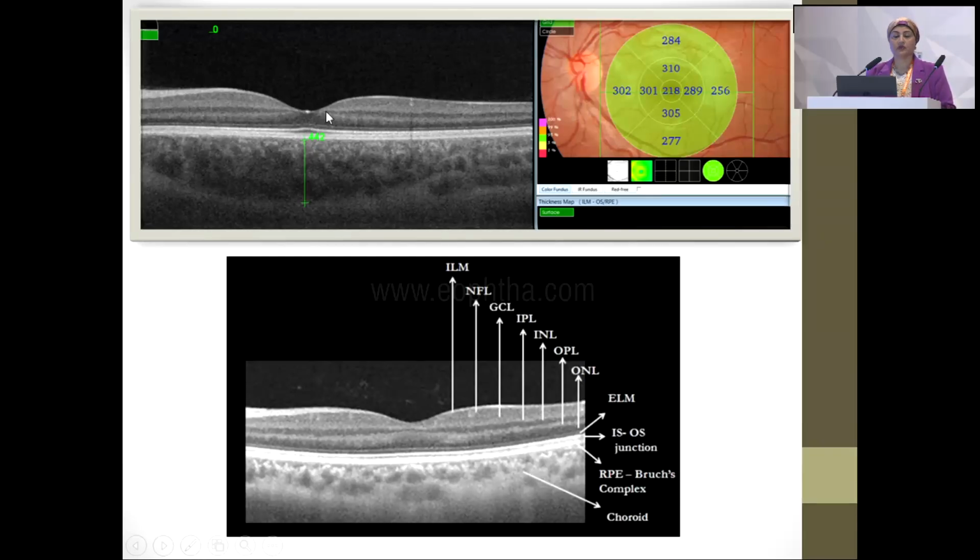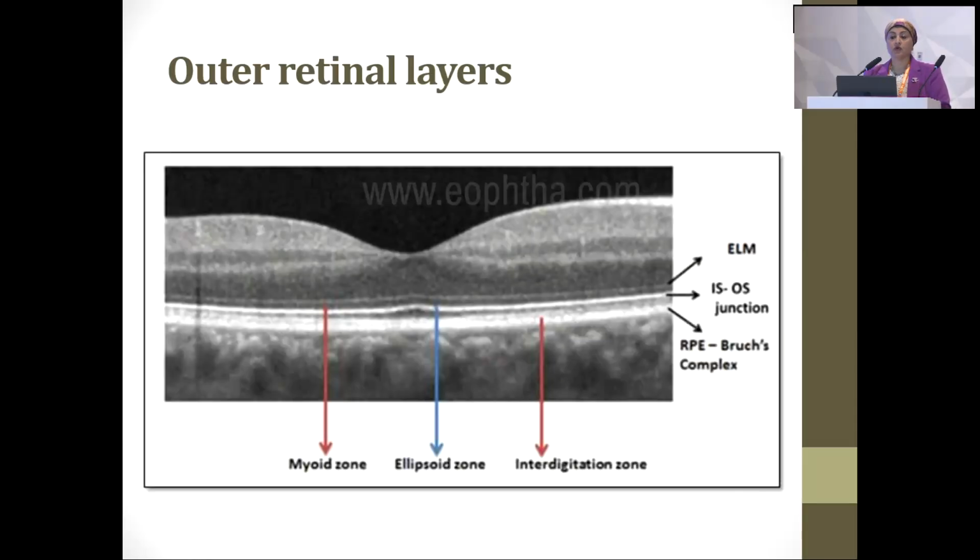It gives the details of all structures, line by line, as if an optical histological section in the macular area, and we focus on the outer retinal layer, which is a very important layer in giving the visual prognosis and the visual outcome of medication for the patient.